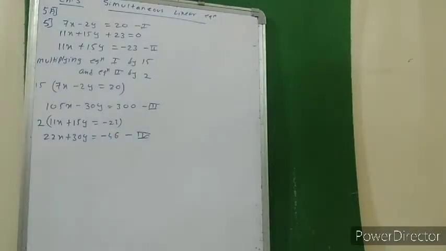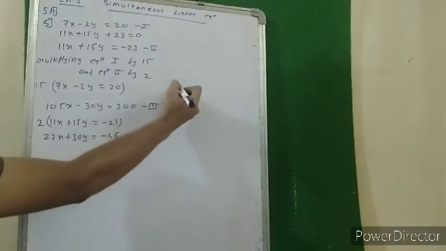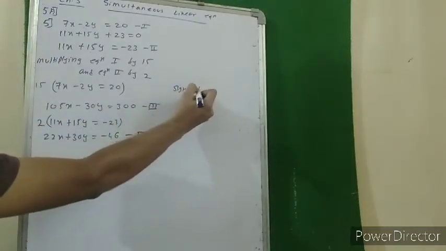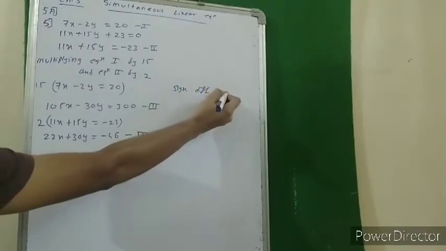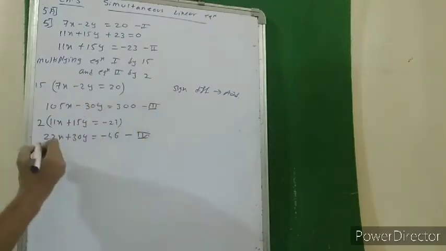If you see it properly, in equation 3 we have minus 30y and in equation 4 we have plus 30y. The coefficient is the same and the signs are different. When the signs are different, you should add. So adding 3 and 4.